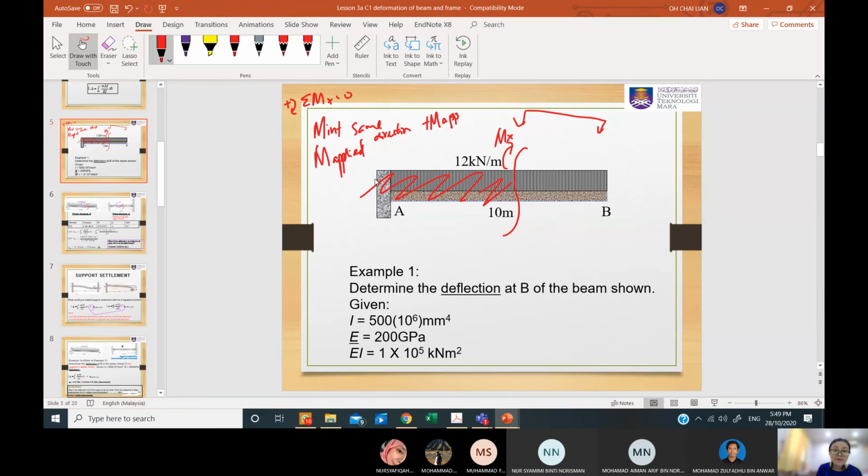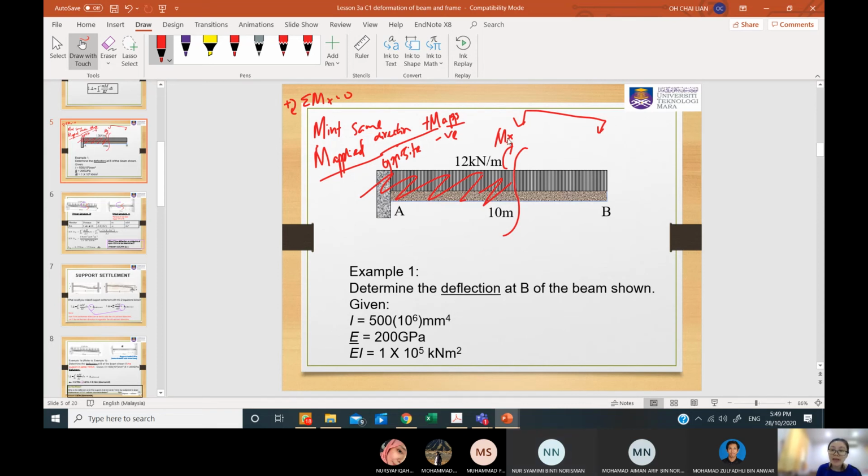But if it acts oppositely, which means that M internal is clockwise and my M applied is counterclockwise, then I give my M applied negative. Do you get what I mean now?